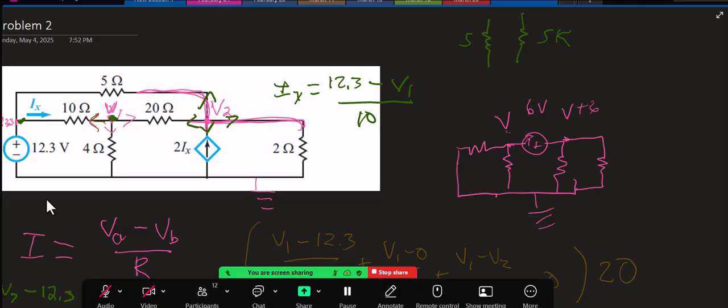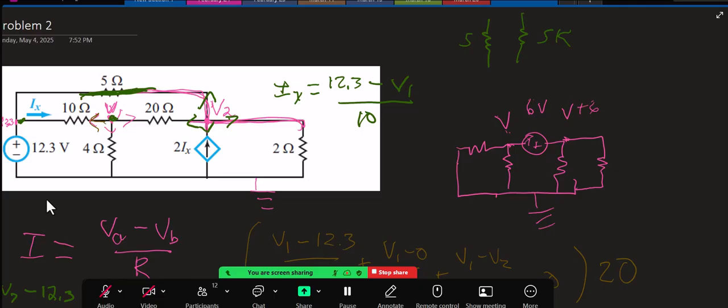So if that 5 just wasn't there, it was just regular wire, we wouldn't even have an Ix, right? Yeah, if the 5 ohm was not there, we'd be shorting out all of this stuff.